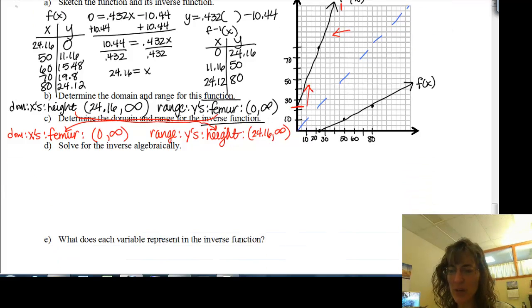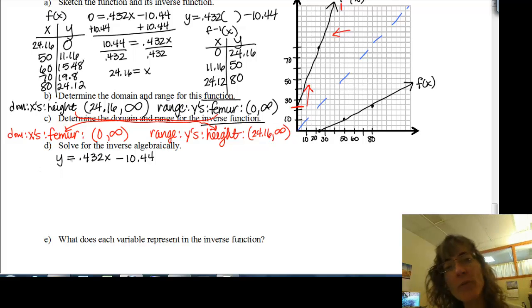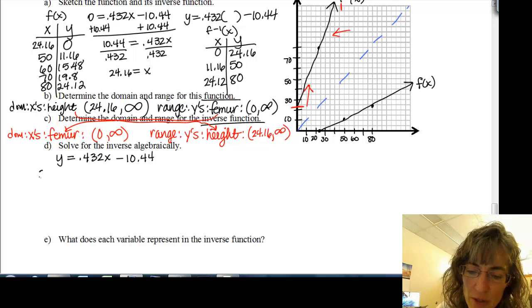Okay, nearly there, hang in there. Solve for the inverse algebraically. So remember we had our function started as y equals 0.432x minus 10.44. Remember, the first thing that you do is change it from f of x notation to y equals. It's already in that notation.